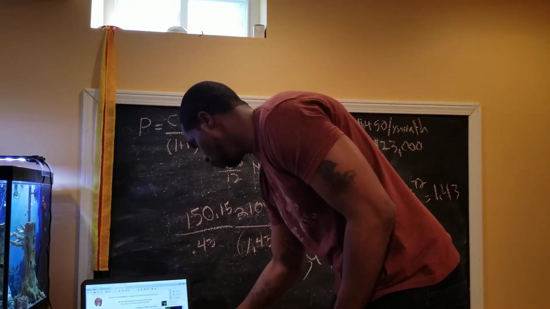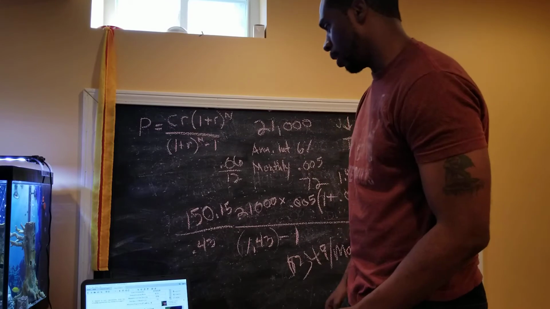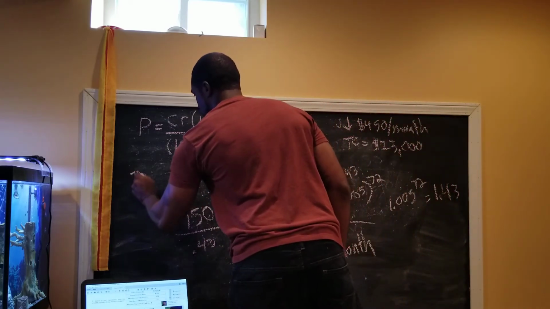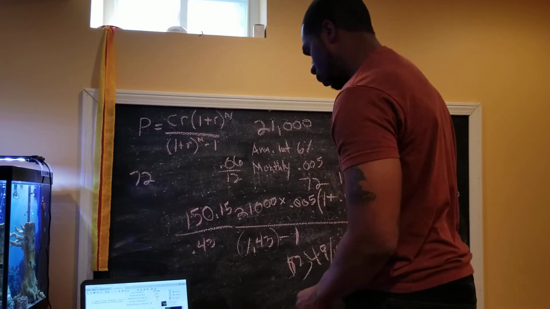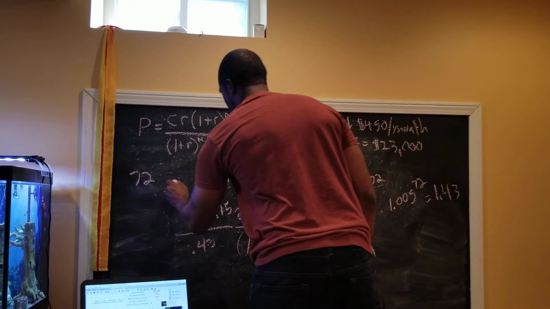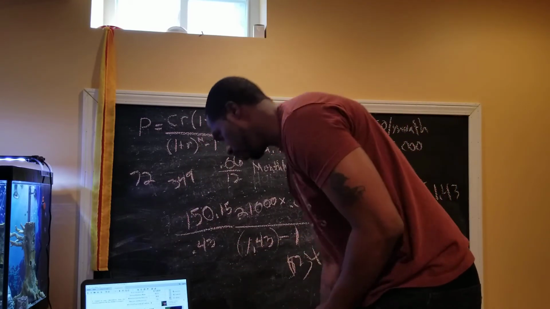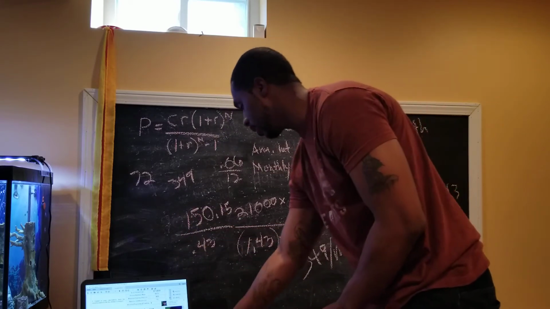So now I go down to long-term costs. It says number of months. Well, we established that to be 72, right? Then it says monthly payment. Well, we established the monthly payment to be $349. All right, so what do I do with that? Well, the formula says total cost is N times P, right?